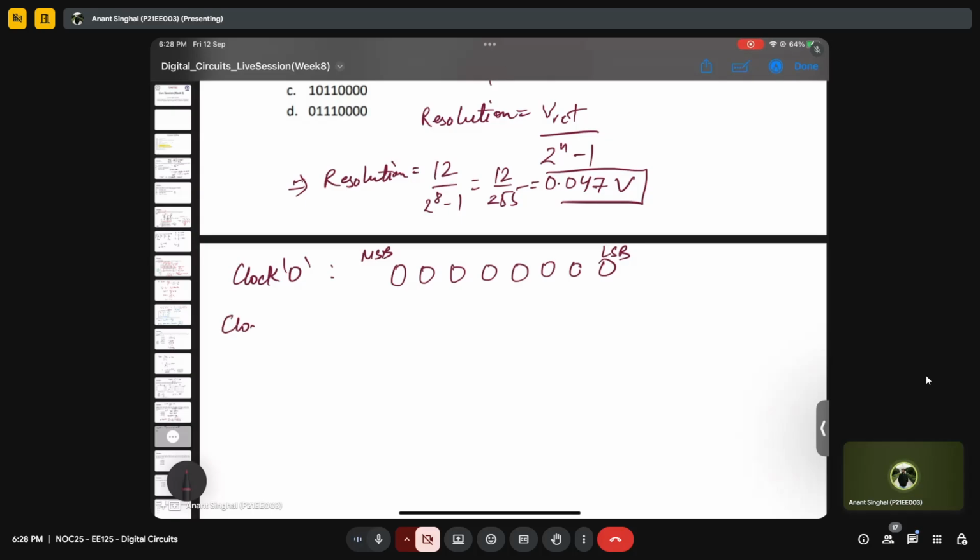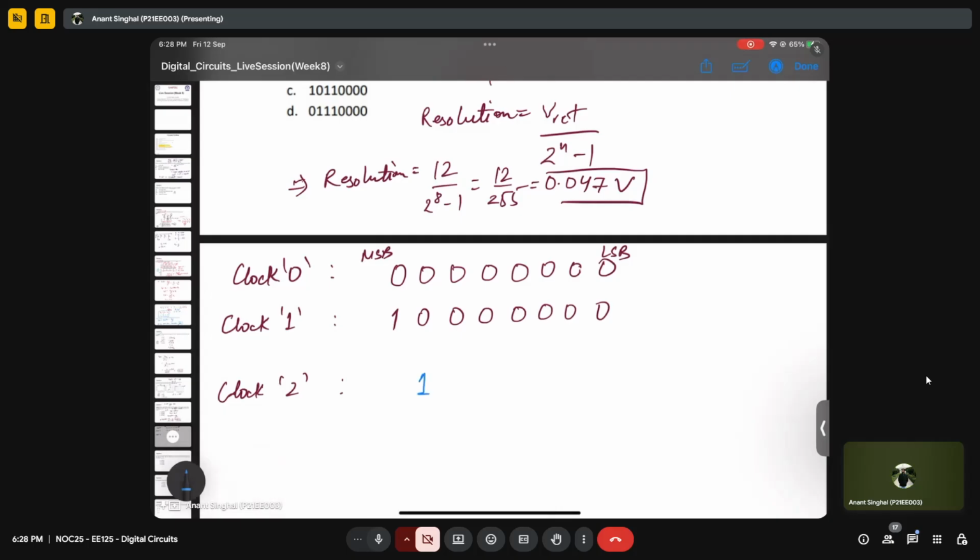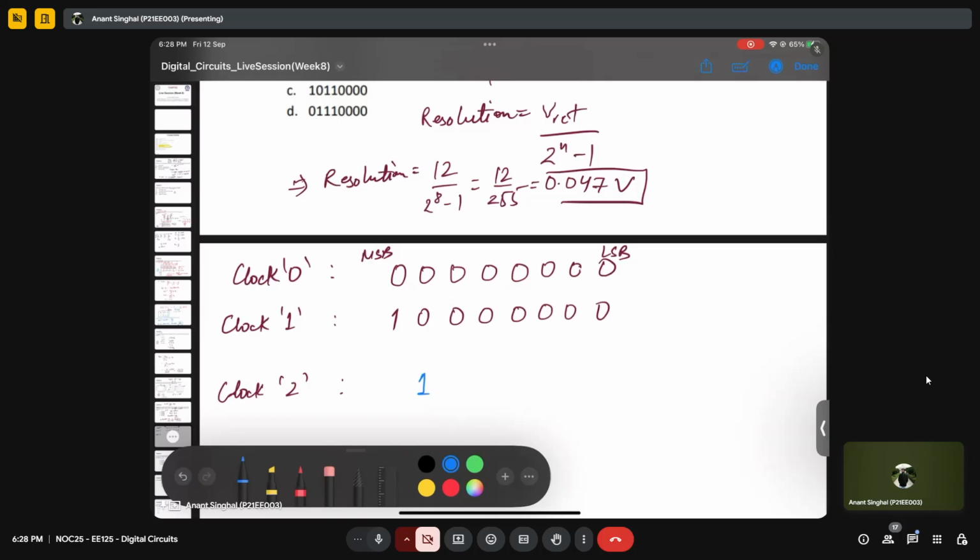At every application of the clock, at the first clock we make the first bit 1. I'll explain the operation later. For example, at clock 2, we'll make this particular bit 1 and the rest remain similar.